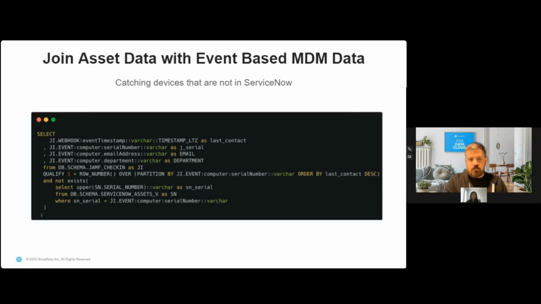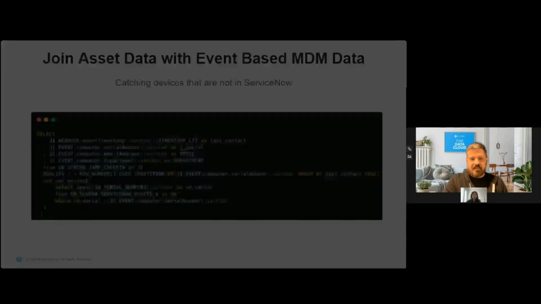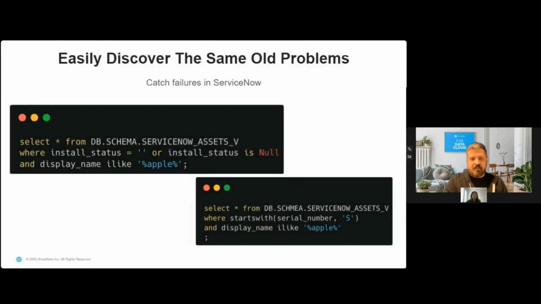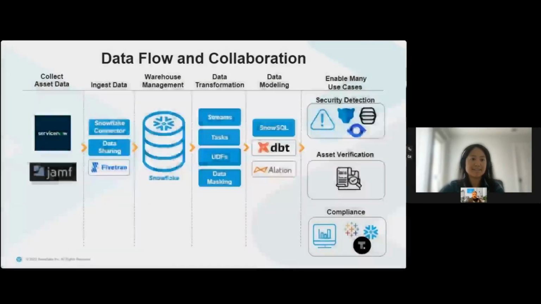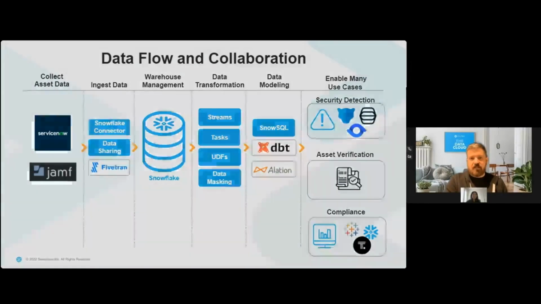You do? Okay. It's not advancing on my screen, so I will just go over. Do you guys see the discover same old problems? It's on the join asset one. Now it's on the easily discover the same old problems. There we go. Okay, I think I got it back now. Sorry about that.